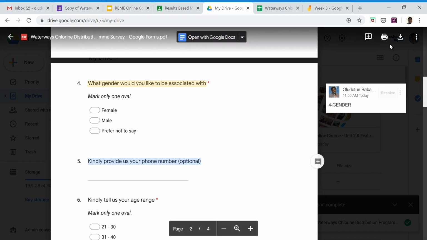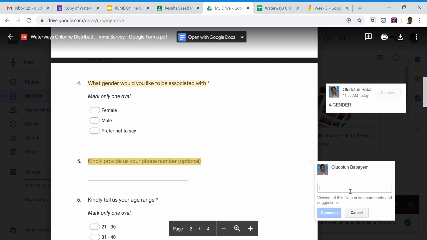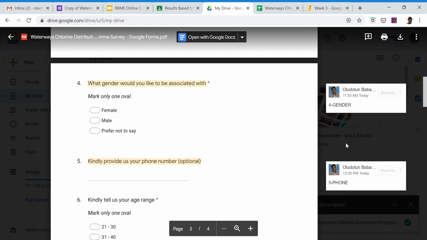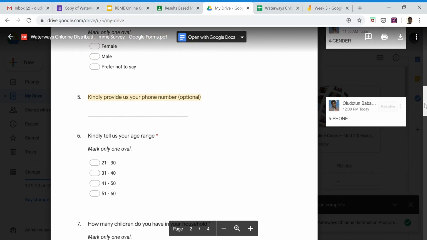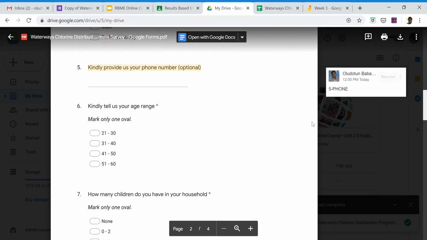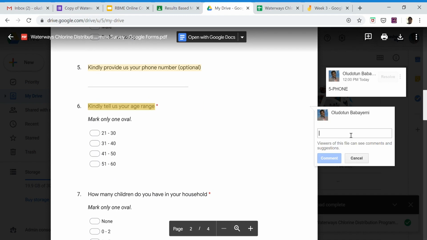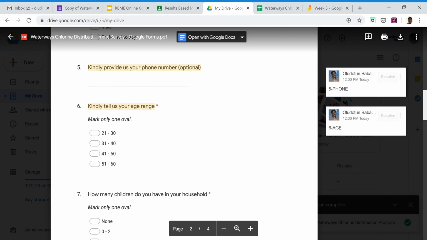So I'm only putting this as a note here. If I were using the main paper itself, this is how I write on the main paper. I'm going to show us the electronic version. But this is just for us. 6, age. Put it inside comments.